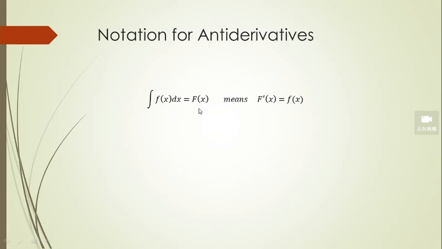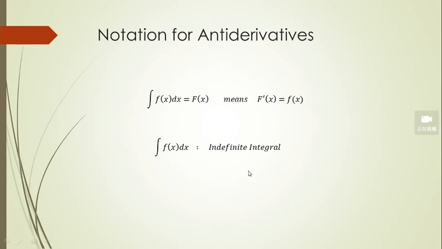We know what we call the general antiderivative, right? General antiderivative means you should add the constant C. So this symbol is called the indefinite integral, and we know it's a notation for the general antiderivative.